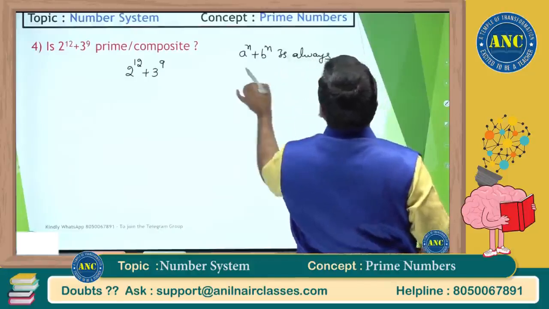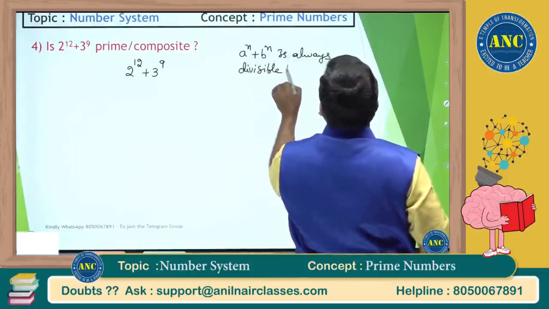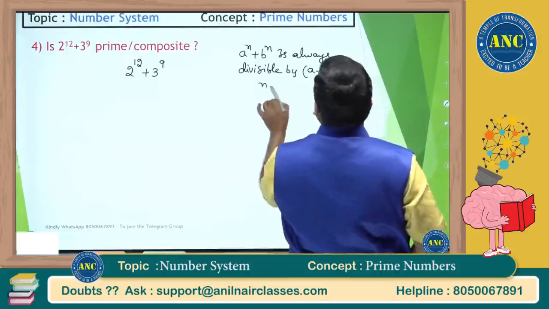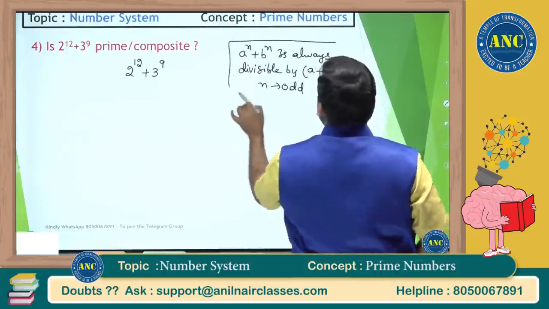A power n plus b power n is always divisible by a plus b if n is an odd number.